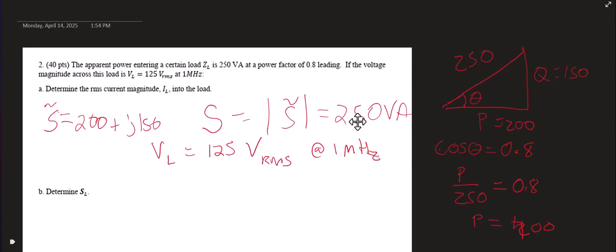Okay, so that is just the magnitude, so I do not know the angle, let's see. I don't think I know theta, I can find theta.